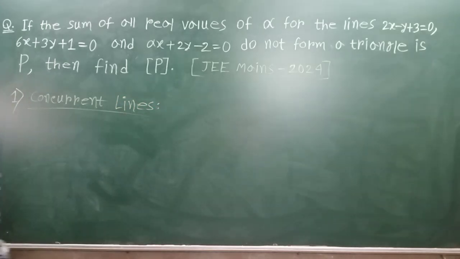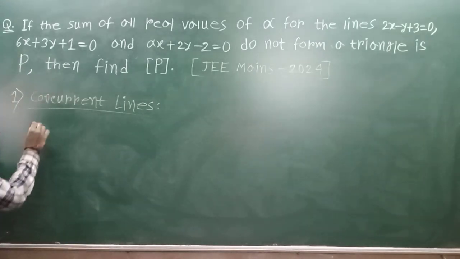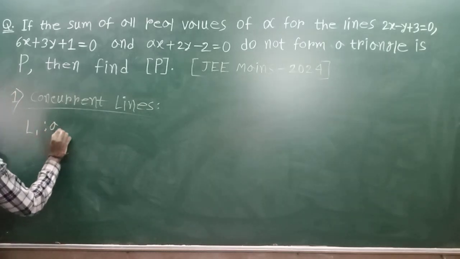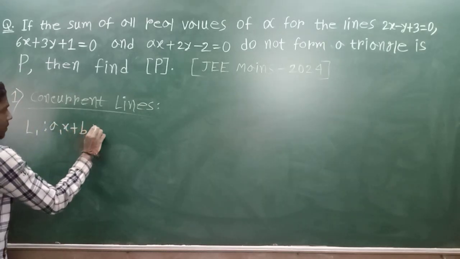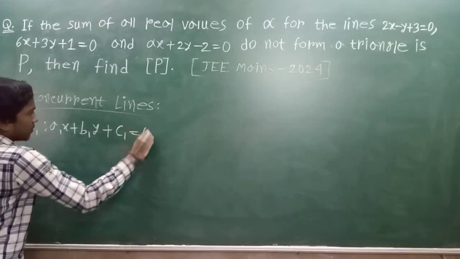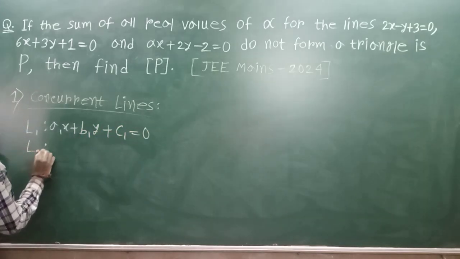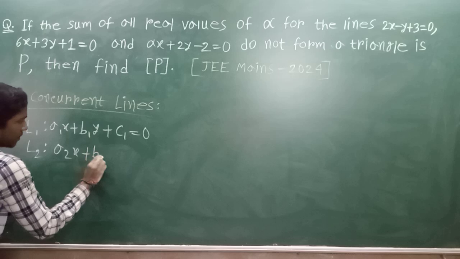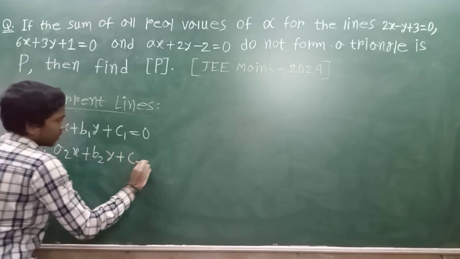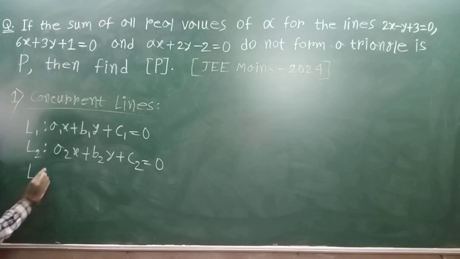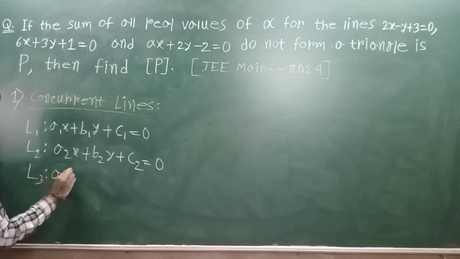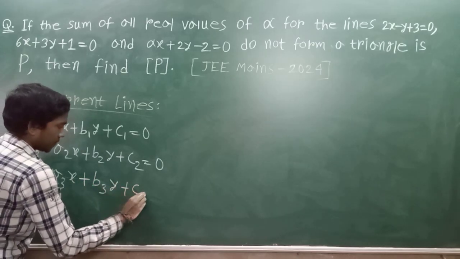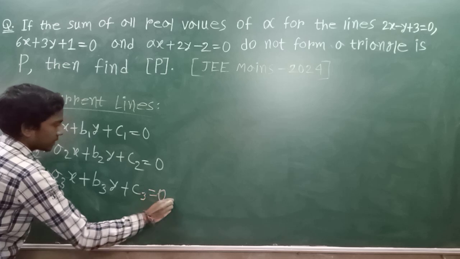Okay, so if there are three straight lines given, say L1 is A1x plus B1y plus C1 is equal to 0, L2 is A2x plus B2y plus C2 is equal to 0, and line 3 is A3x plus B3y plus C3 equals to 0.